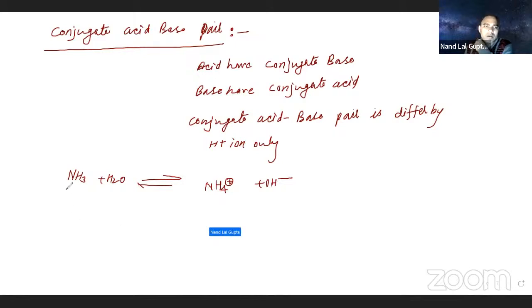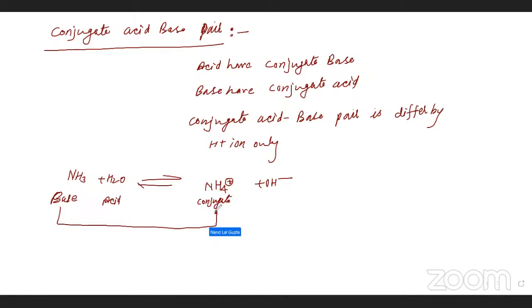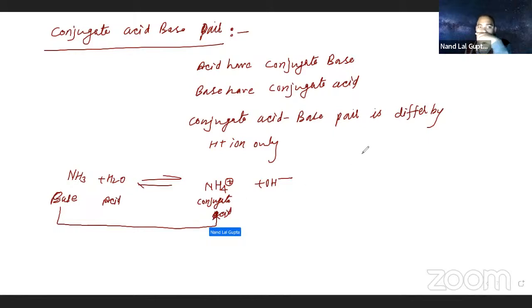Here NH3 is the base, and water is acting as an acid. Base has a conjugate acid. So if the base is there and you add H plus ion, it gives the conjugate acid. This is the conjugate acid.